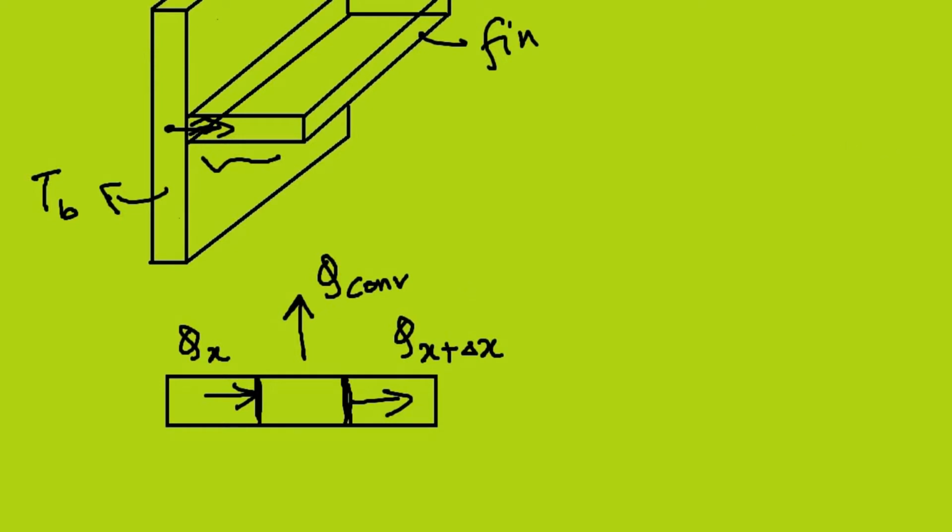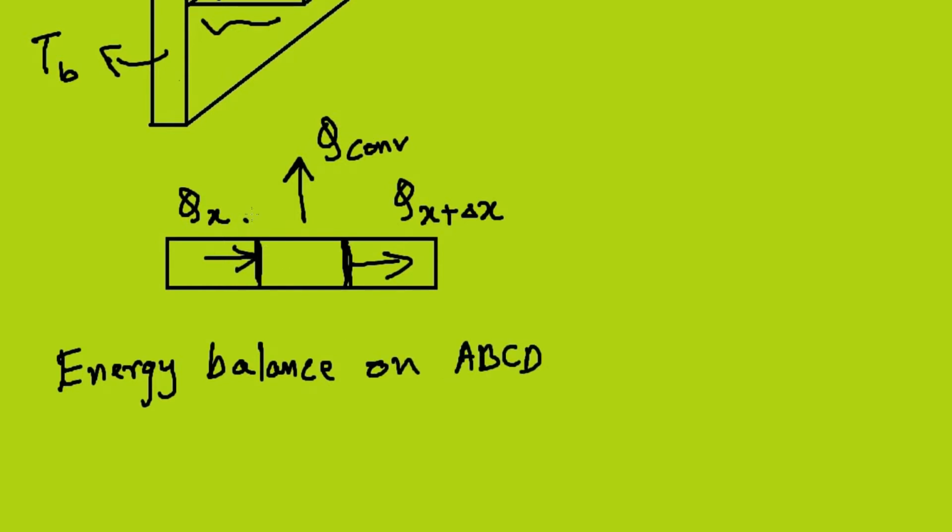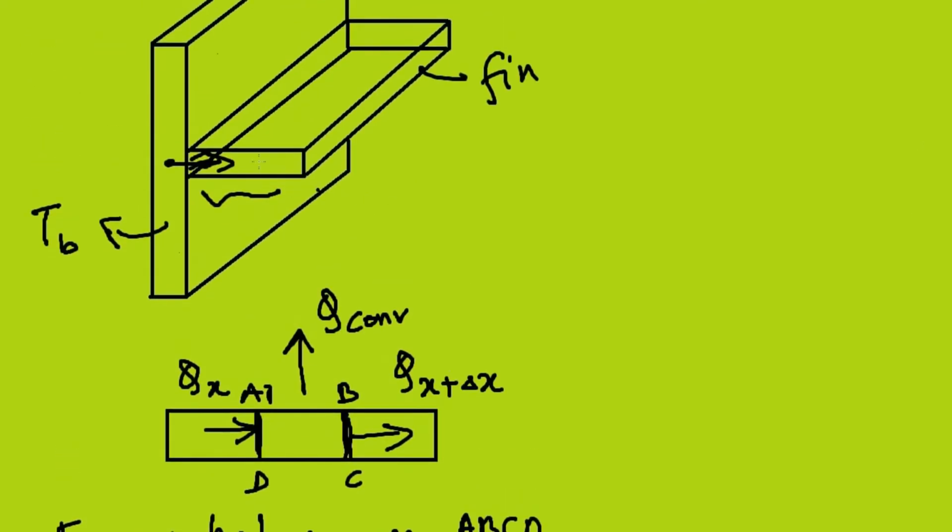So if I do an energy balance on ABCD, let's name this ABCD. This is A, this is B, this is C, this is D. For better understanding, I will name it over here too.